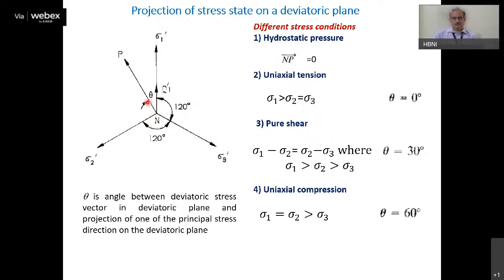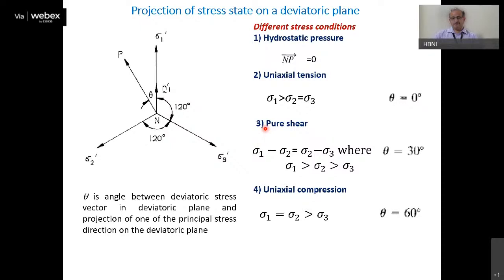This angle theta is the angle between one of the principal stress directions and the deviatoric stress vector. This theta defines the kind of stress environment you are giving to the sample. Under uniaxial loading, the deviatoric stress component will come along this way, so theta will be 0 in that case.